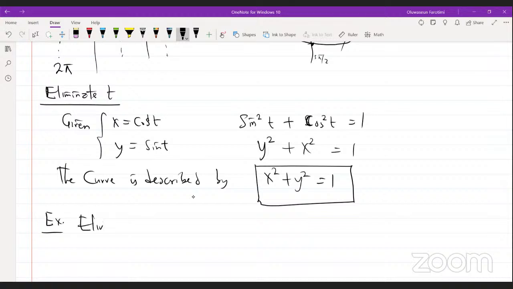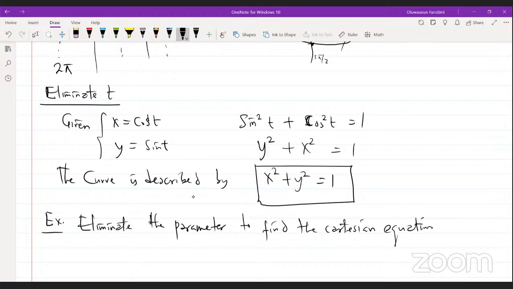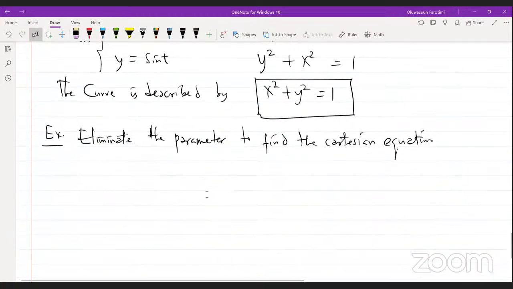Eliminate the parameter to find the Cartesian equation, and then sketch the curve.